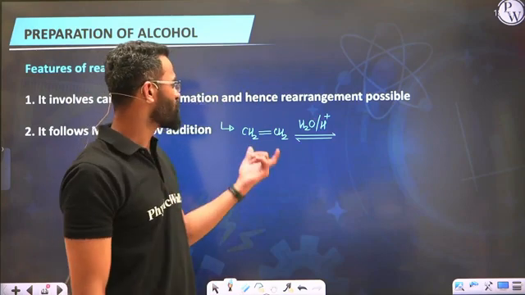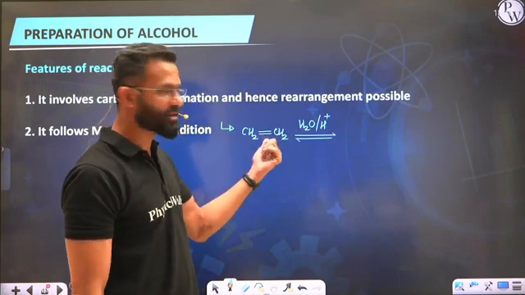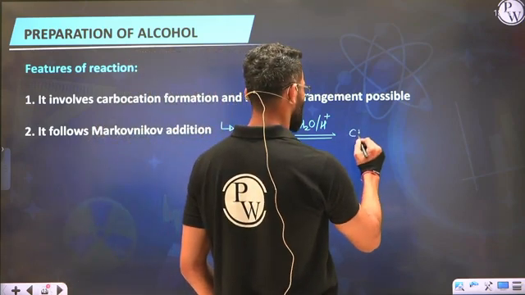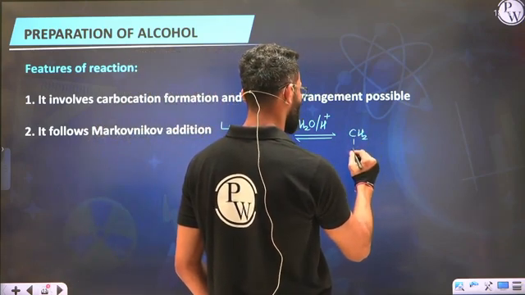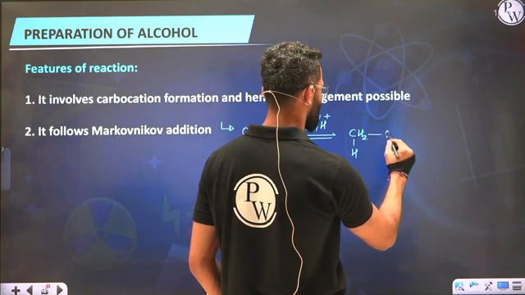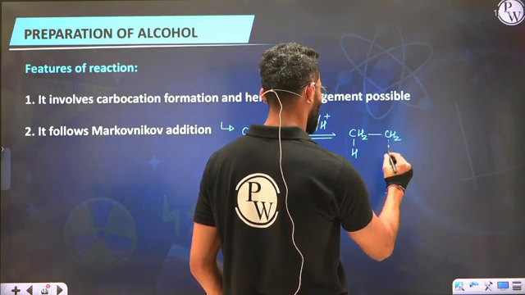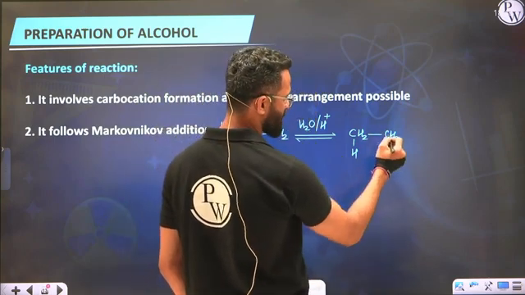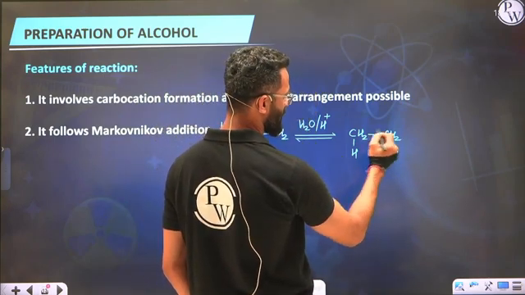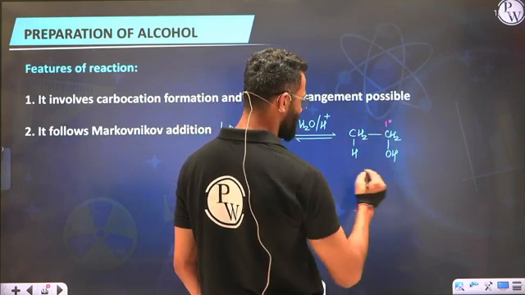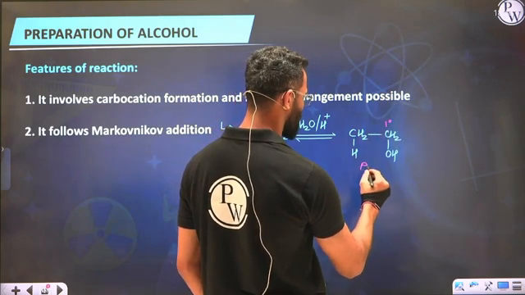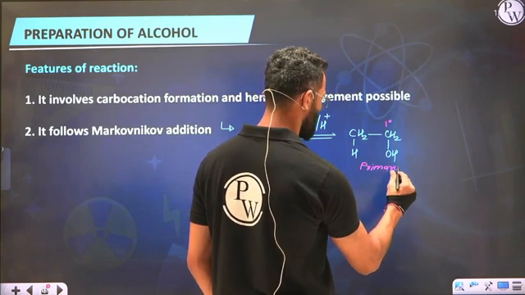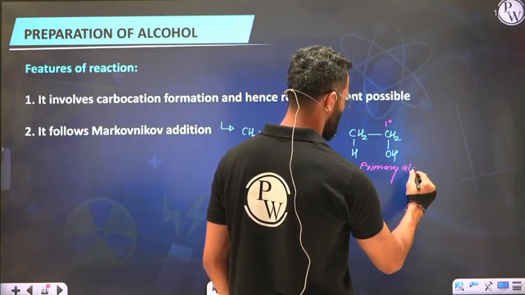Since I've got only two carbons, addition of water across the carbon-carbon double bond you can consider anyway. So let's say at the first carbon we added H, and at the second carbon we added OH. Now tell me, the functional group OH is connected to that carbon atom which is directly connected to only one other carbon. So this is primary, which means the product here is a primary alcohol.